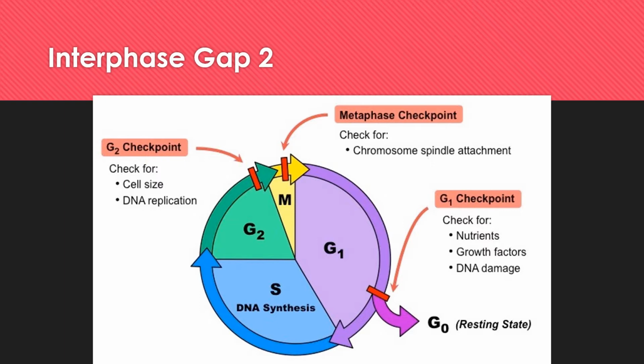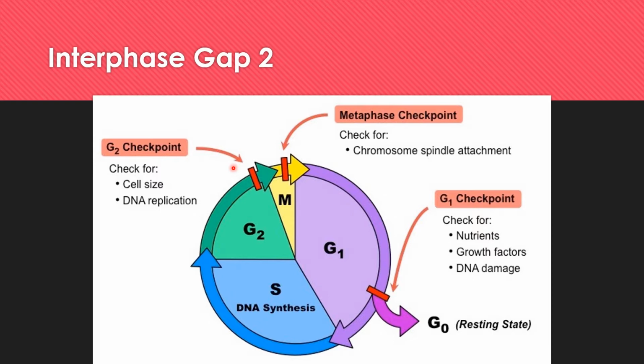There's another checkpoint here towards the end of G2, right around here. This checkpoint makes sure that the cell is ready for division. It's a B type, also called the mitotic cyclins, and they're made during the S and G2 phases.